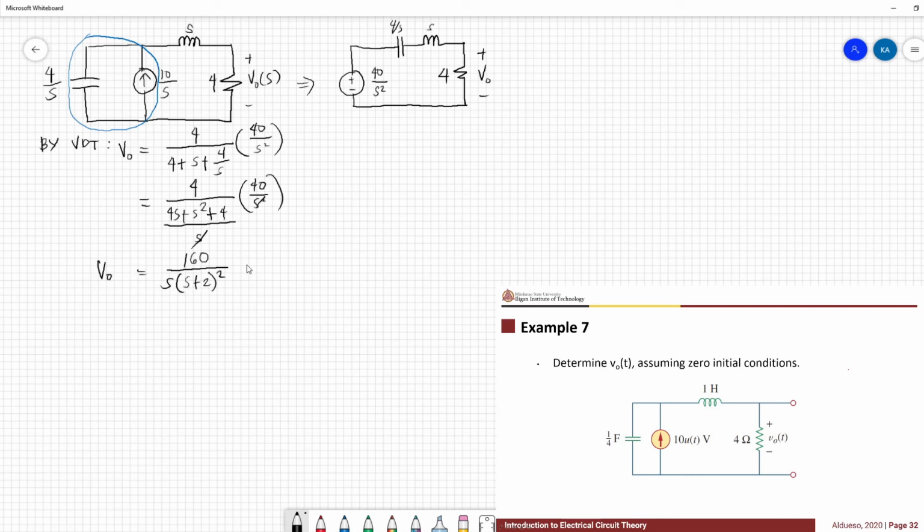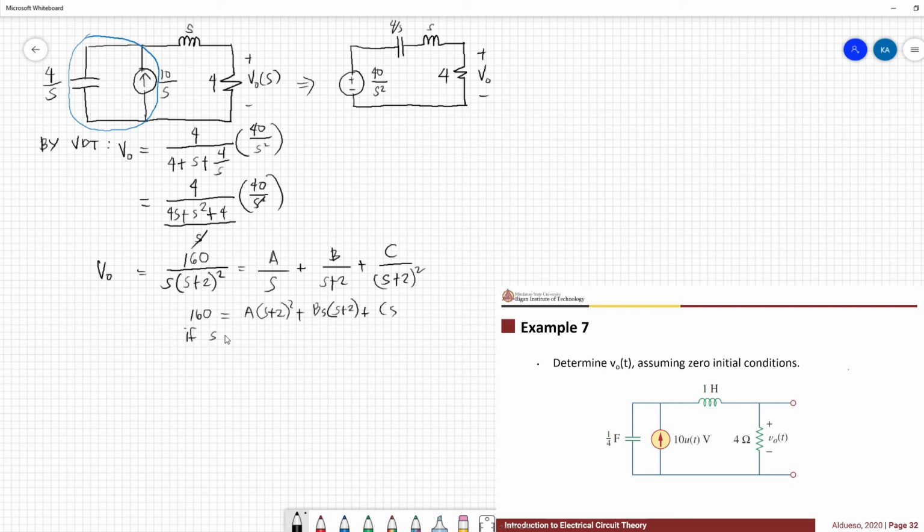Now, before getting the inverse Laplace of this expression, we need to use partial fractions. We have A over s plus B over s plus 2 plus C over (s plus 2) squared. We have 160 equal to A(s plus 2) squared plus Bs(s plus 2) plus Cs.